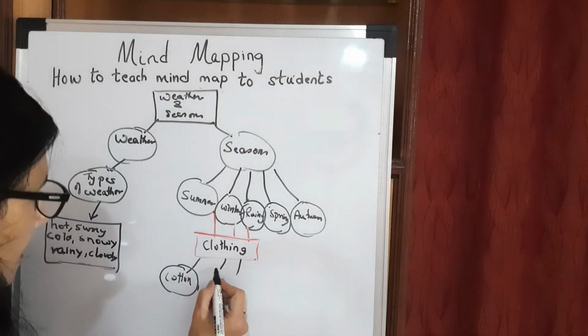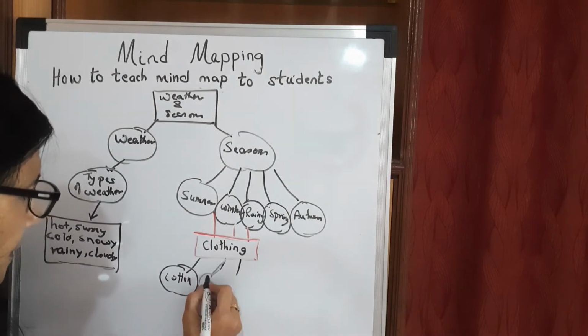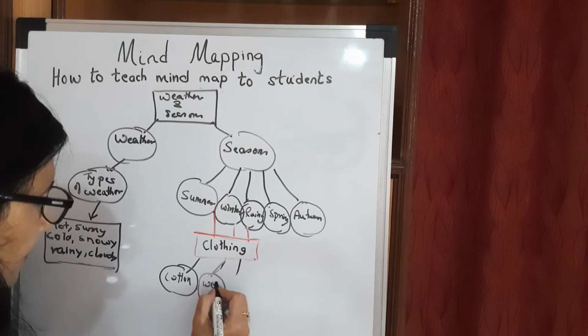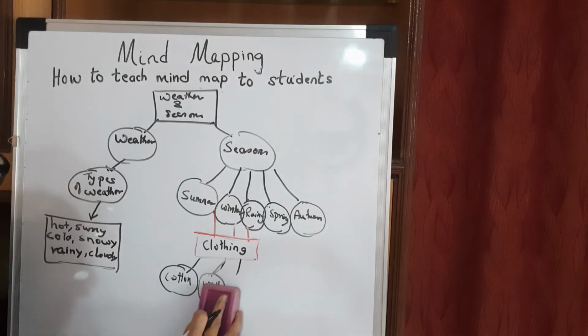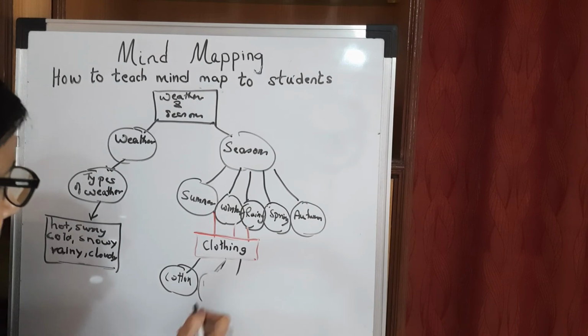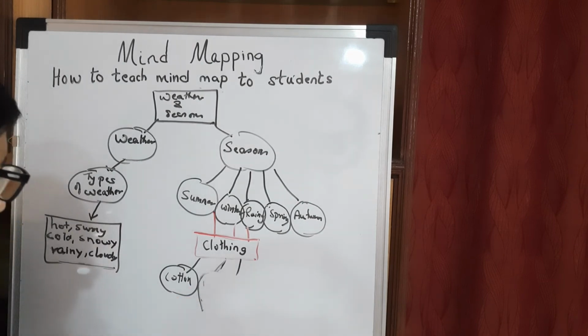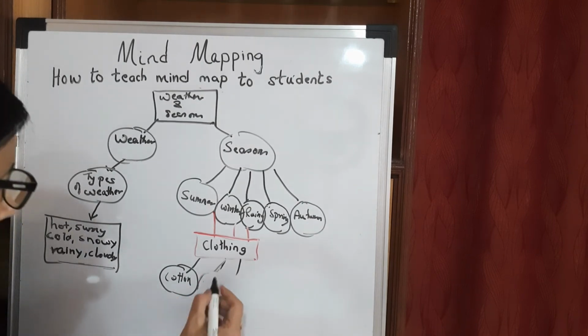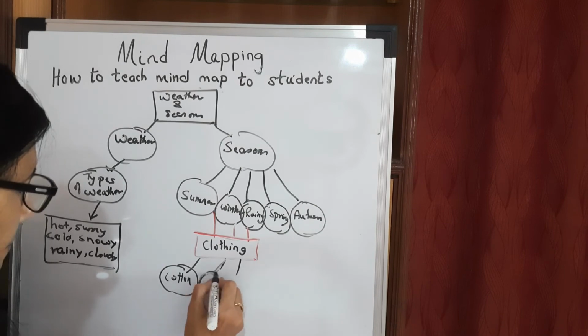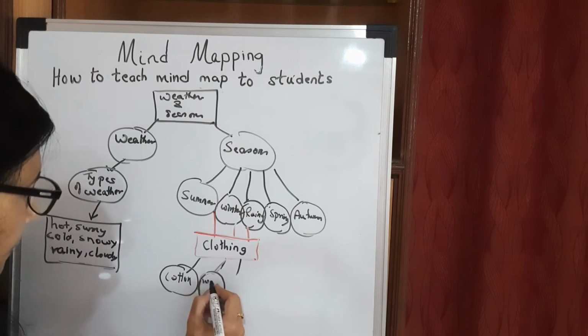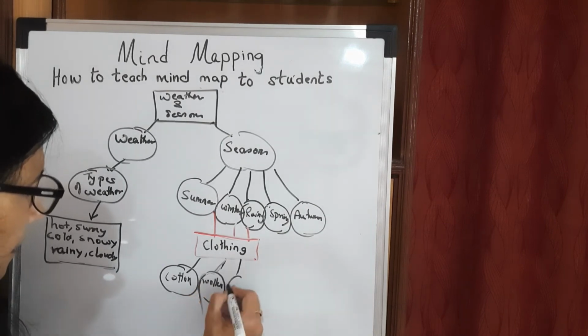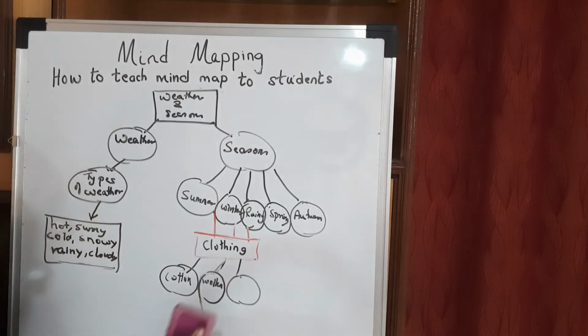After this, what is the next point which I should remember? Like if I'm putting here woolen, now these are the clothings.